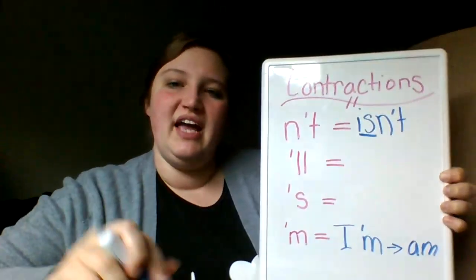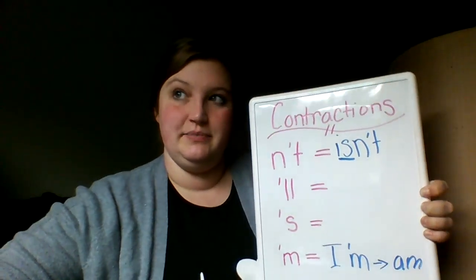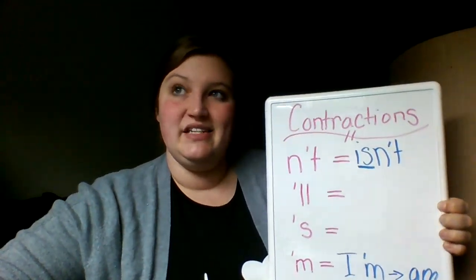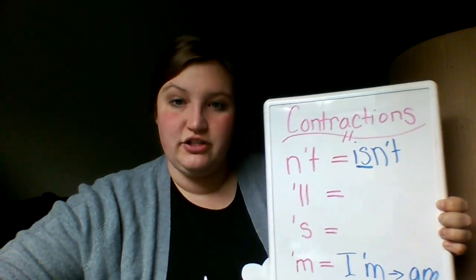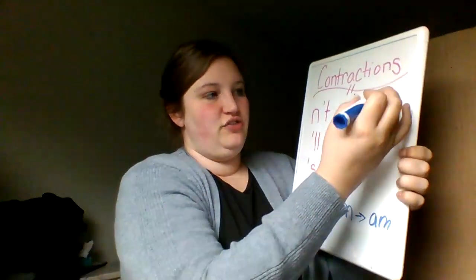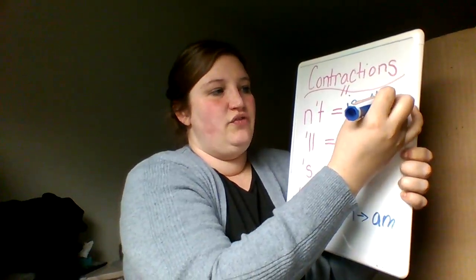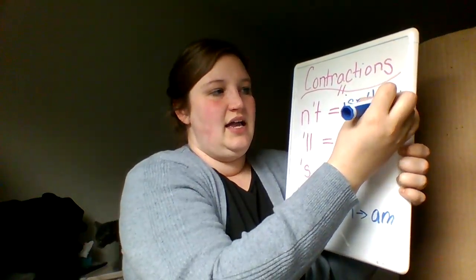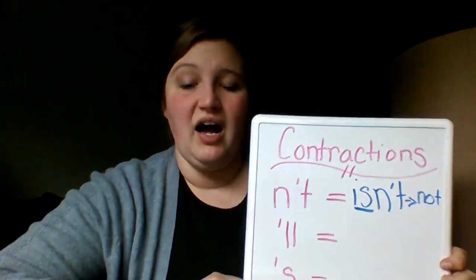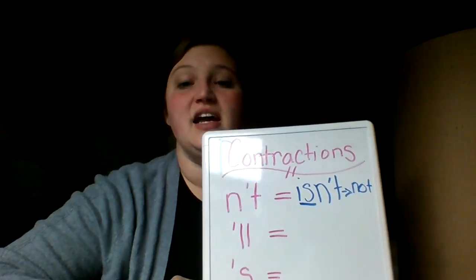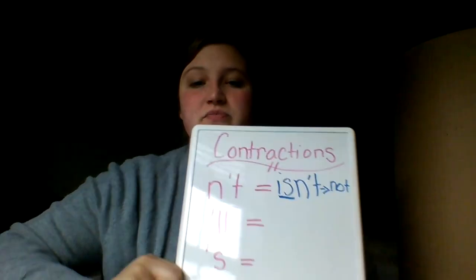Now I have to figure out what N apostrophe T is. It isn't raining. It is not raining. So the N apostrophe T stands for not. N-O-T. That is a very, very common one, okay? So odds are, if it's N apostrophe T, your word is going to be not, okay?